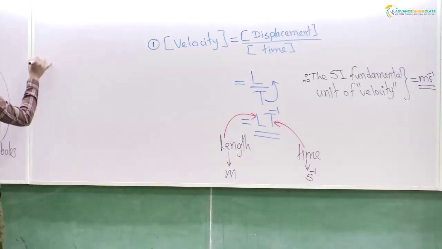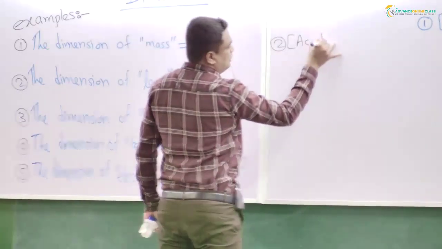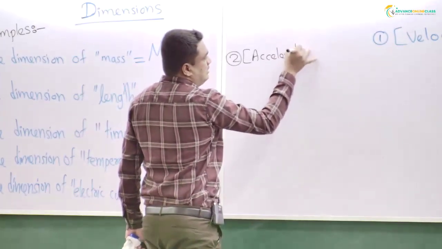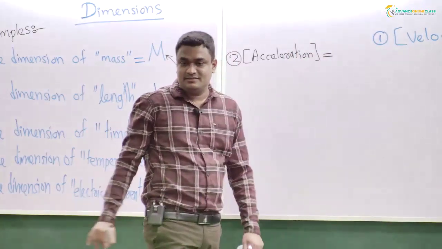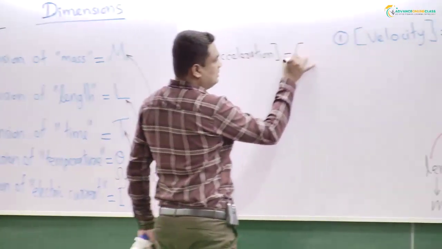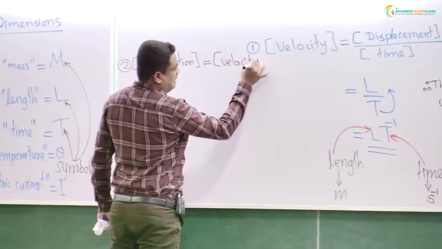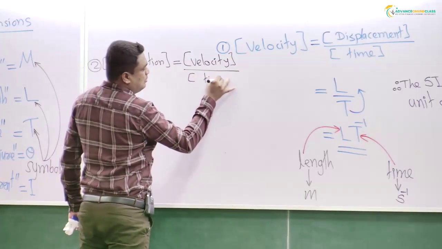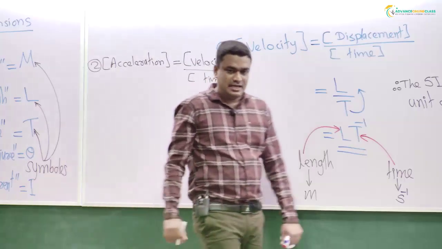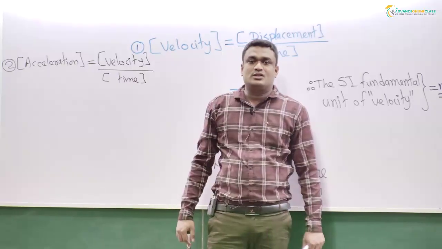Second example, look at the board. Acceleration. What is acceleration, dear? Now you know it. Don't write. Increase in velocity divided by time taken. Look at the board, dear. I have written acceleration inside the square brackets.